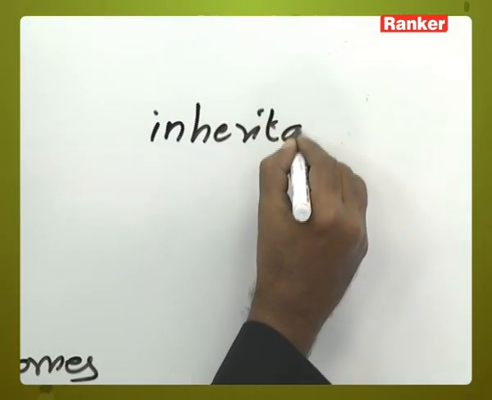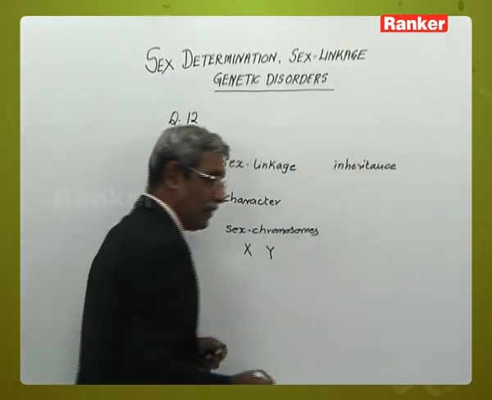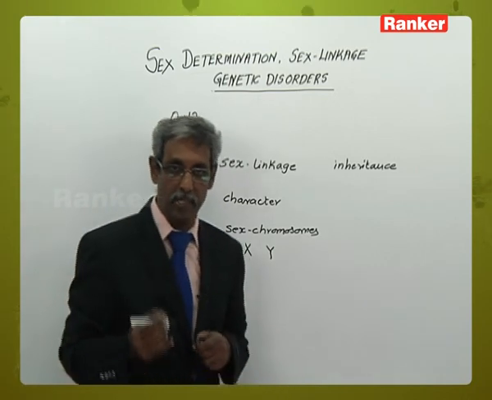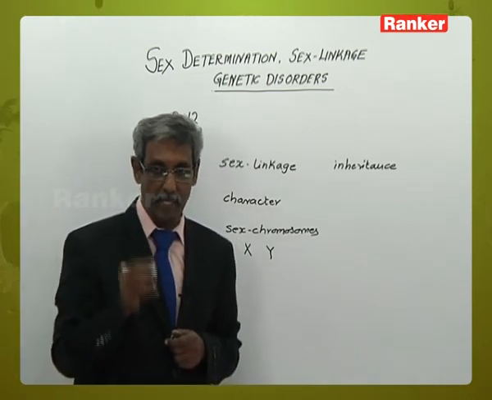As you understand, the science of genetics is the science of inheritance and the transmission of characters from the parents to the offsprings, as well as the variations.